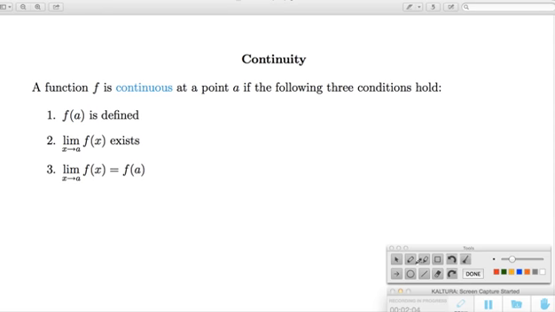Just as an example of a particular function, let's suppose that function looks like this.